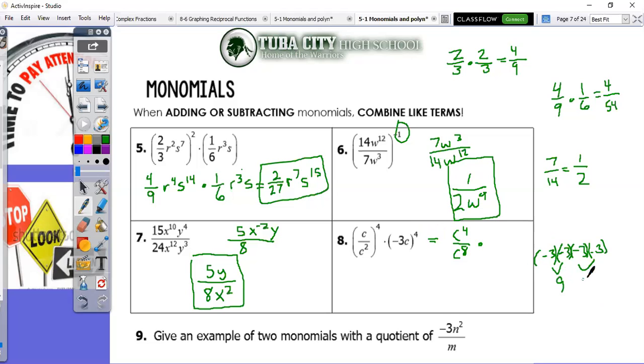And we also have another set of -3 times -3, which becomes 9. So I paired these off, and now I only have 9 times 9. And that would be 81. So go ahead and put 81 over c to the 4, because the c also has to be raised to the 4 power as well.